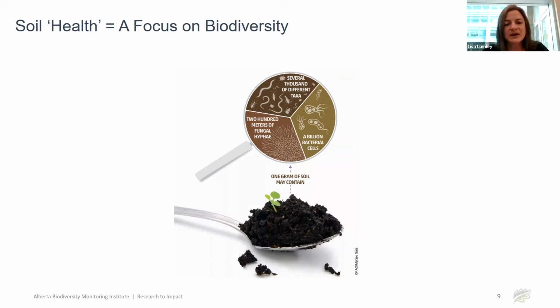It's been estimated that 1 gram of soil can contain up to 1 billion bacteria cells, up to 200 meters of fungal hyphae, and a wide range of organisms, including nematodes, earthworms, and arthropods, comprising tens of thousands of species. That's just 1 gram. And 1 teaspoon can contain more organisms than there are humans in the world. So it's full of biodiversity.